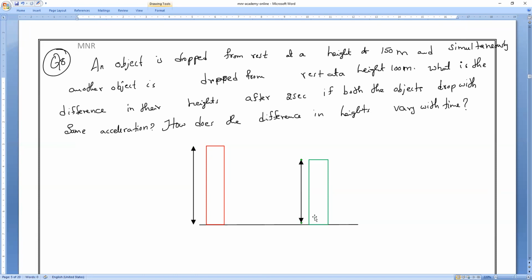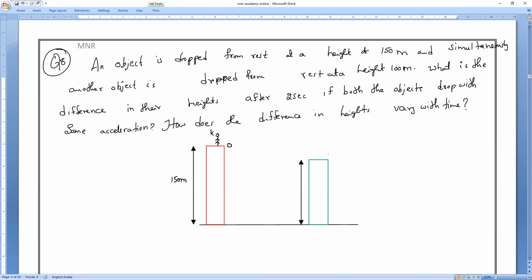Anybody having any problem? You can ask. Now you can see that this tower is 150 meters, and here let me take Mr. Kishore standing. And he dropped the ball or he dropped the stone.